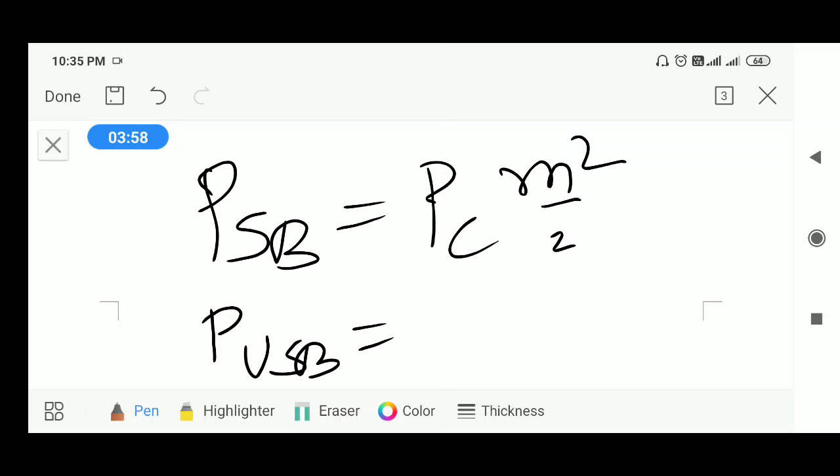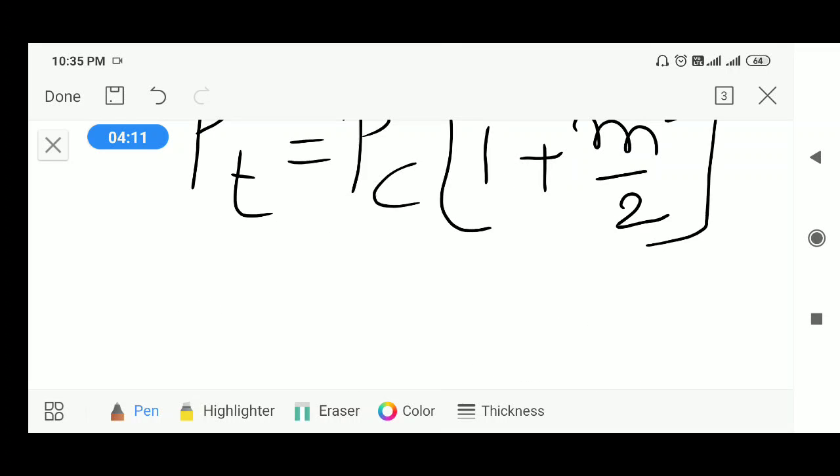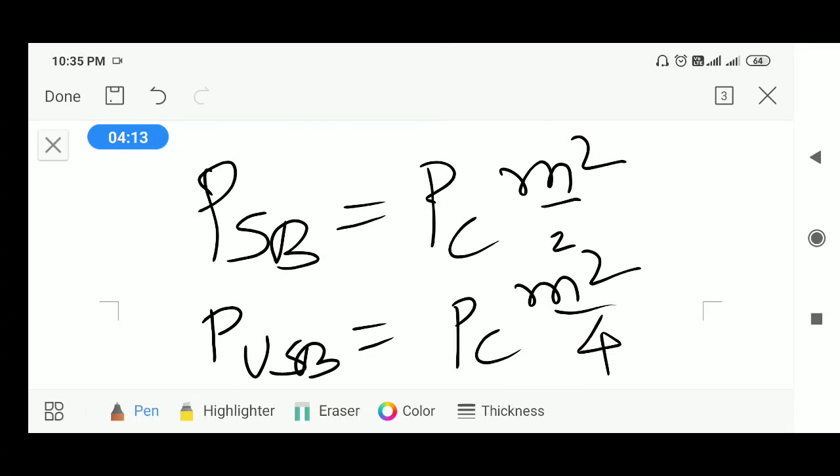That is PC m square by 2 by 2, that is PC m square by 4. And this is also equal to PUSB, PLSB.